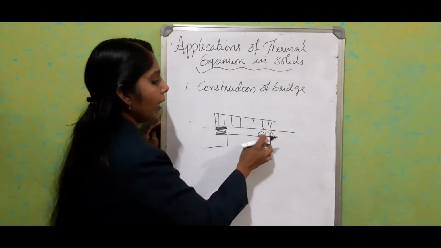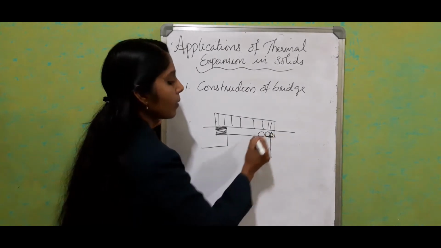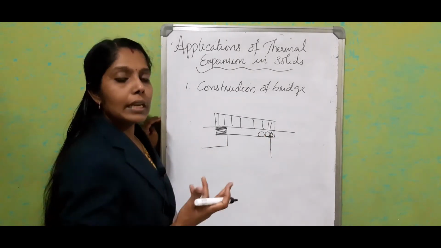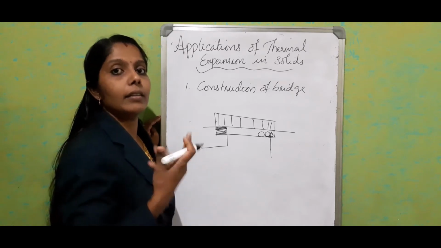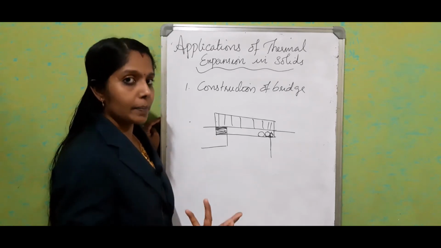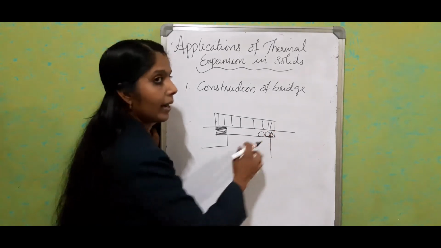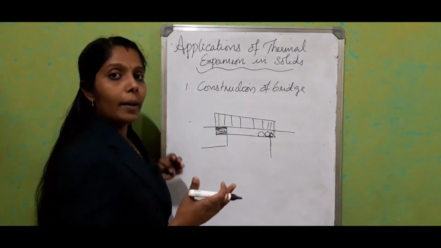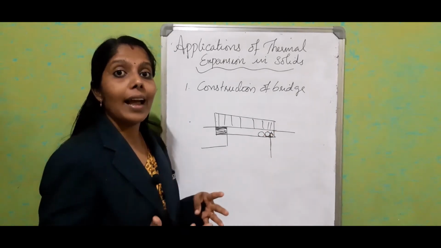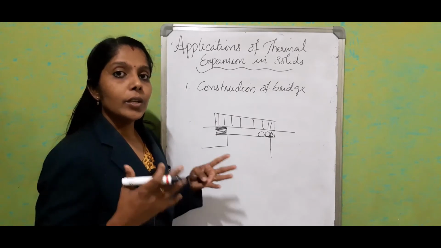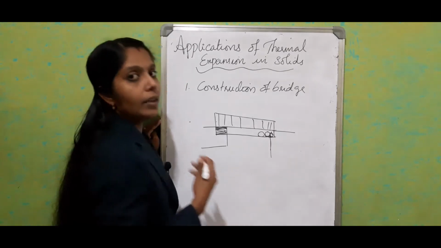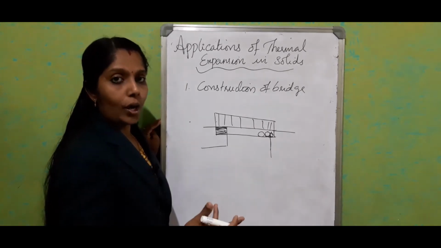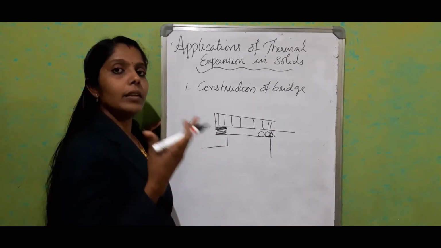Why do we keep rollers here? Because steel is a solid material, and during the summer season it expands. If we are not providing such a setup, there is a chance of cracks on the bridge. So to avoid that, we always connect one end of the girder with a roller.